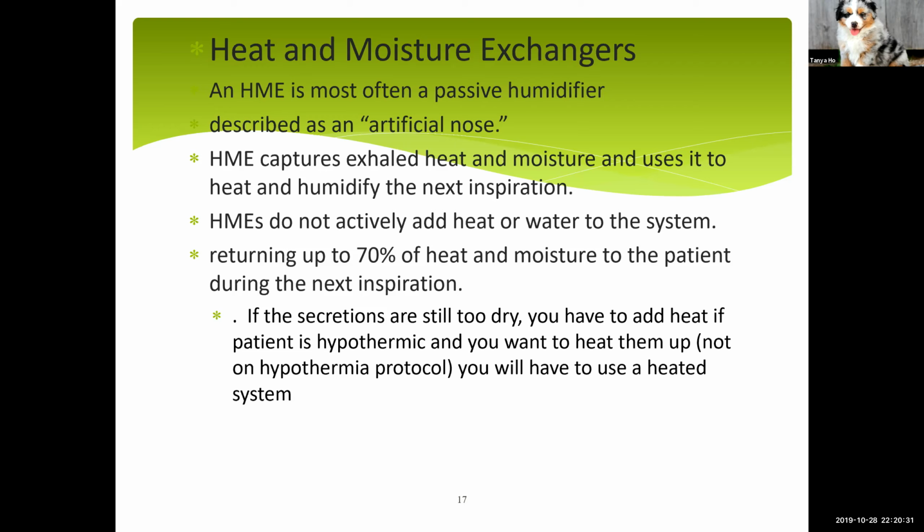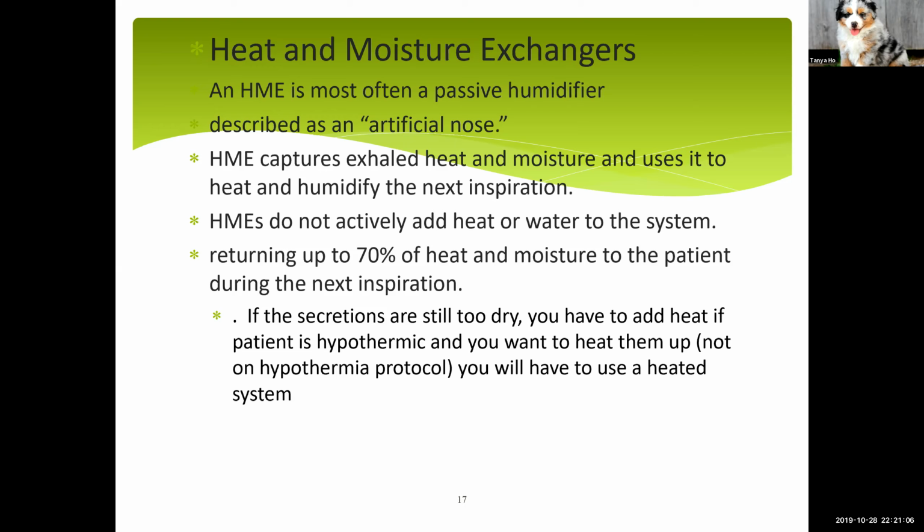Then on the patient's next inhalation, it picks up that humidification, and the warm, humidified air comes in on the next breath. So it's basically capturing your own heat and humidification and adding it to your inspired gas. There's no external heat source or water source, it's just your own exhaled heat and moisture, which is then applied to the next inhalation.